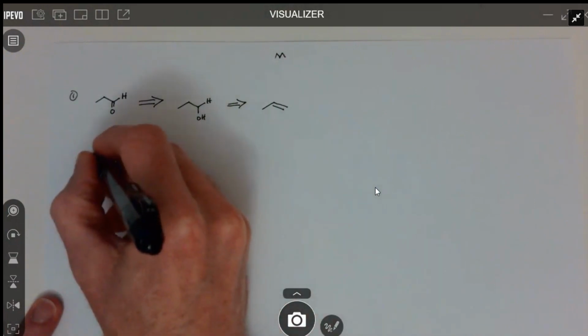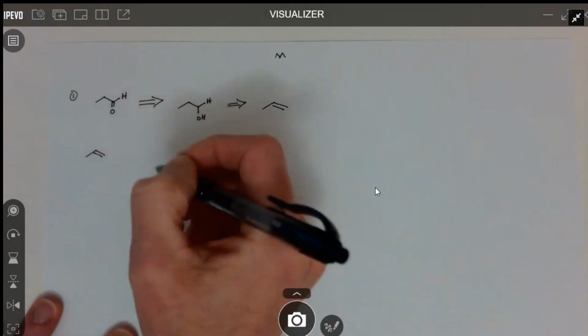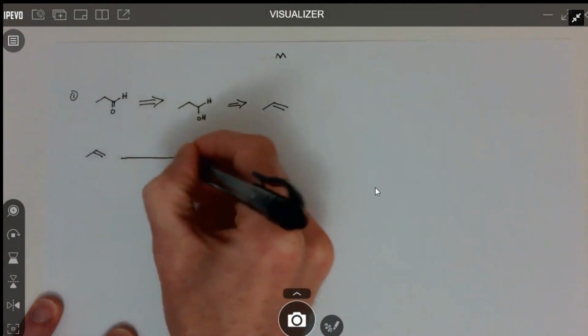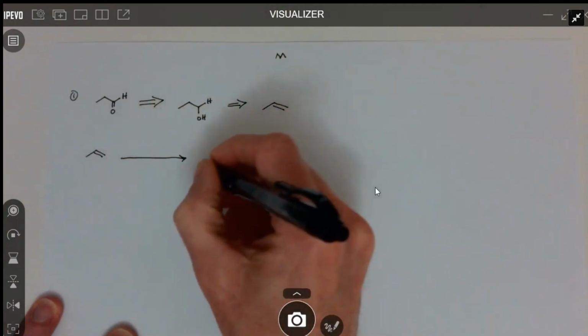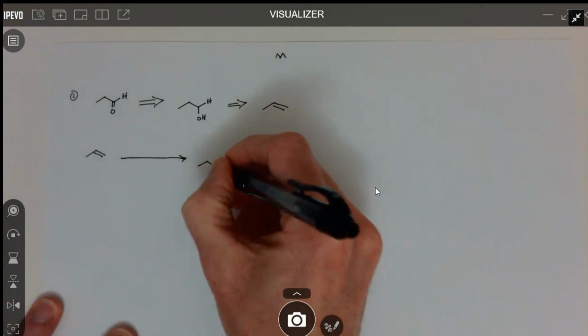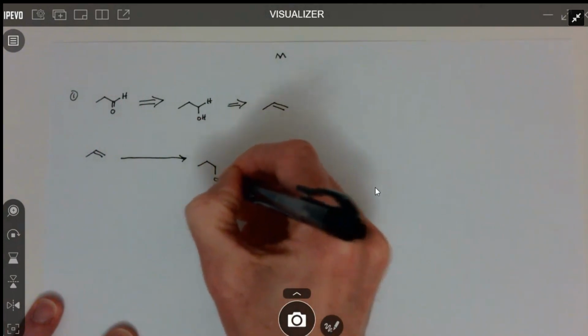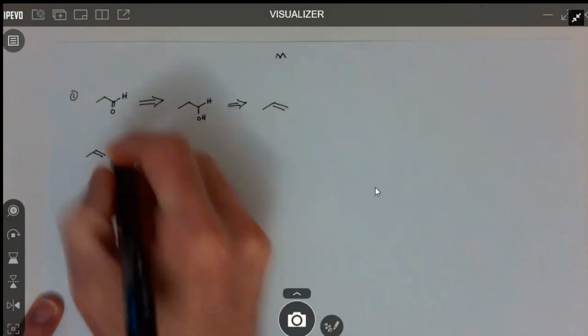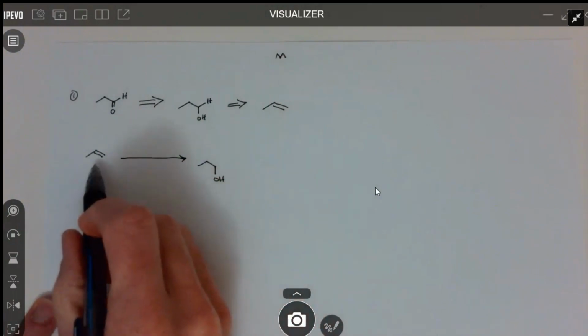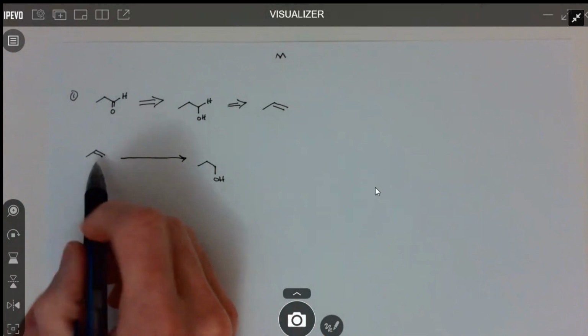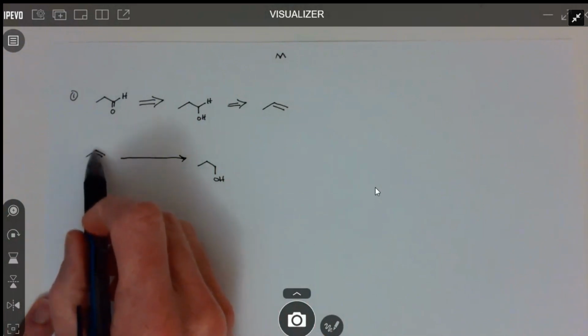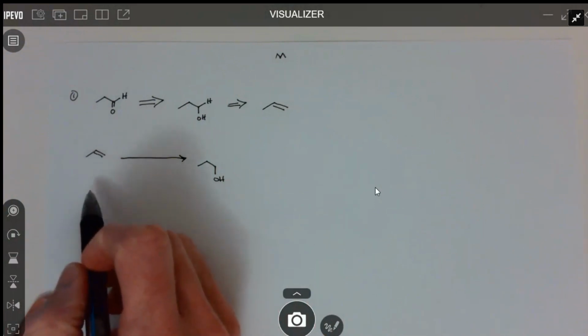So if you start with the alkene, which is what the question wanted us to start with, we need to know what reagents to use to get it to be this primary alcohol. So if we just added, say, H2SO4 and water, then we would get the Markovnikov hydration. We'd have the secondary OH.